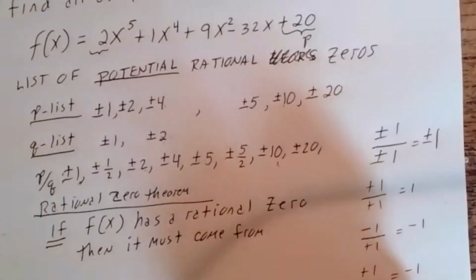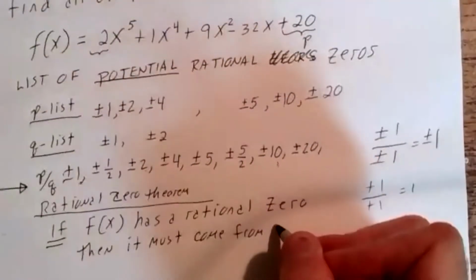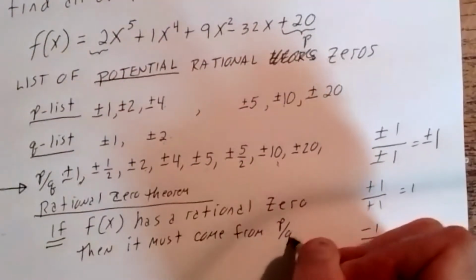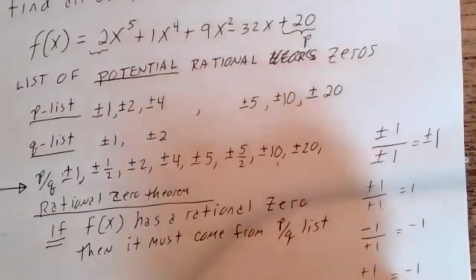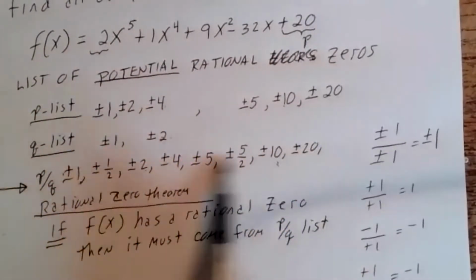What list does it have to come from? P over Q. The P over Q list. That's what the rational zero theorem is saying. The rational zero theorem is not saying that all of these are rational zeros of f of x.